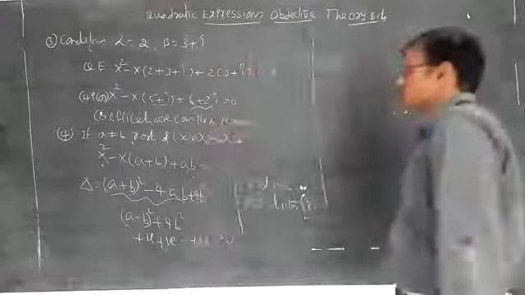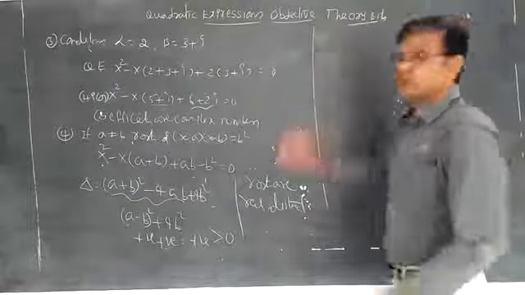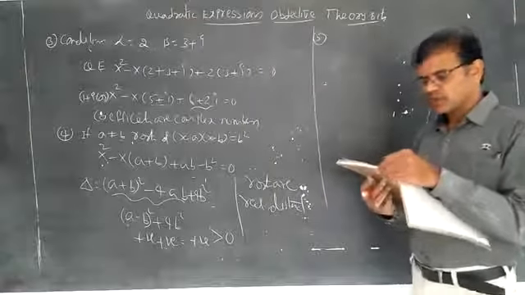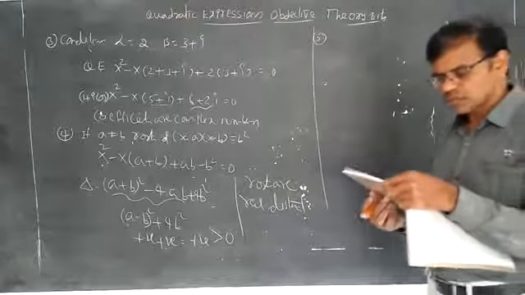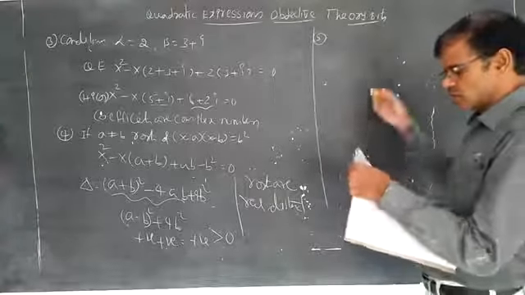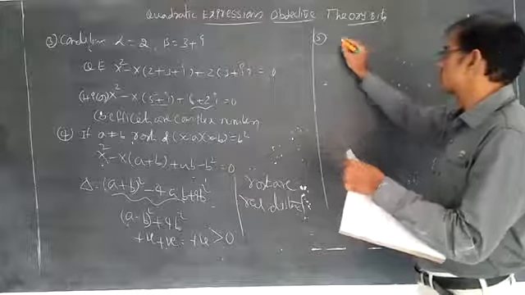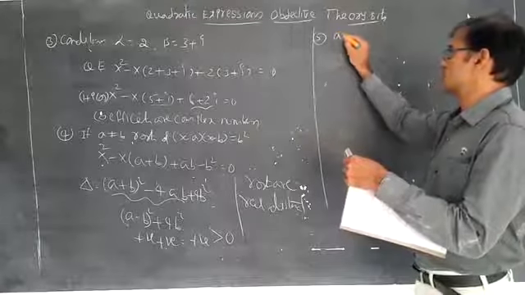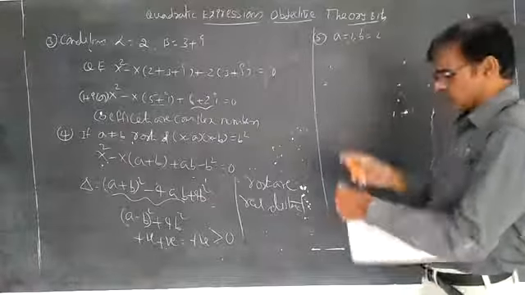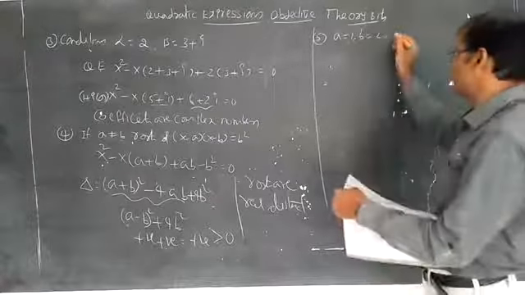Real and distinct. Let us discuss the fifth question. If A, B, C are positive numbers in GP, then the roots of the equation. Let us take this GP: A is equal to 1, B is equal to 2, C is equal to 4.